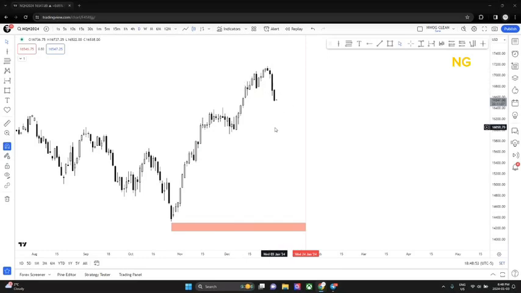So as you can see, if you look back, this point, this was the major low that catapulted price up. This was the last quarterly shift. And the next one will be around here, probably around February, give or take a few days.